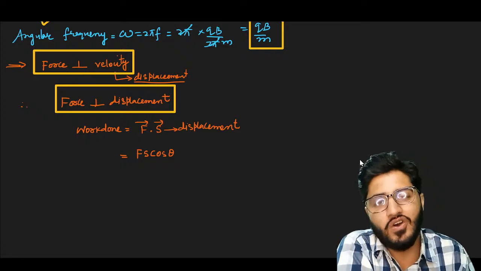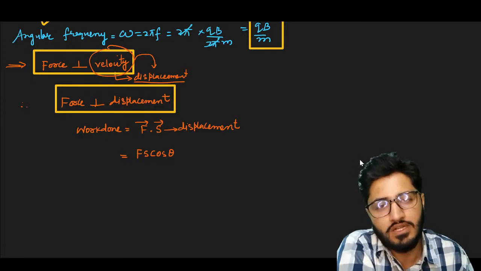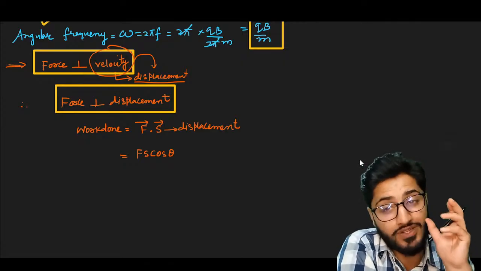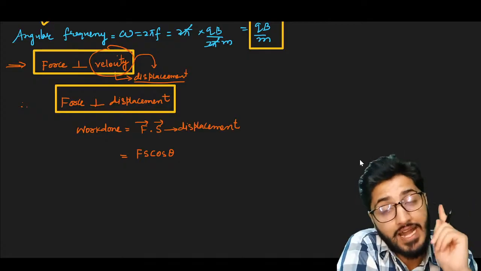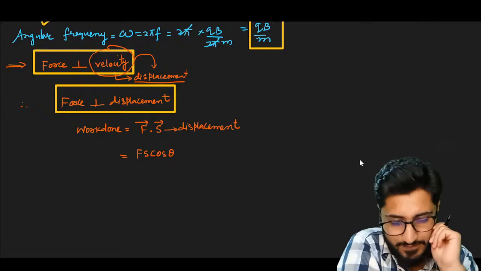The velocity depends on the displacement, so the direction of your displacement and the velocity at a particular instant is the same. In that perspective, we can say force is perpendicular to displacement.